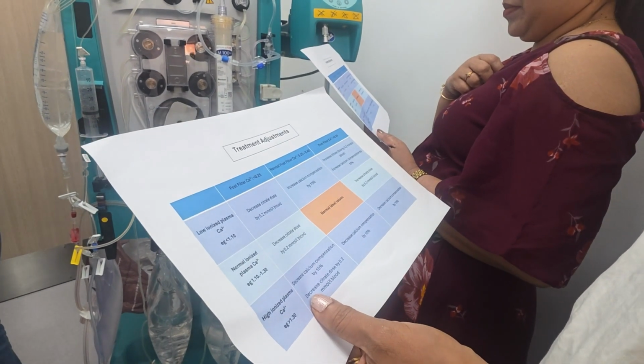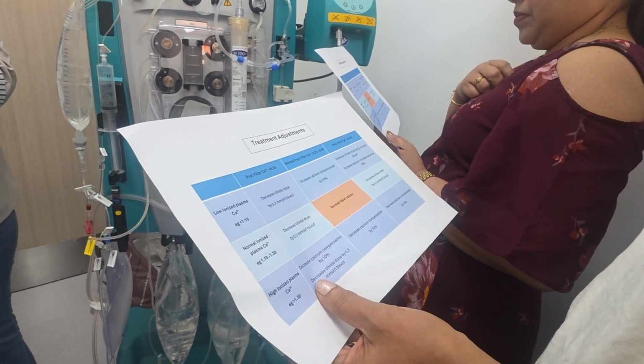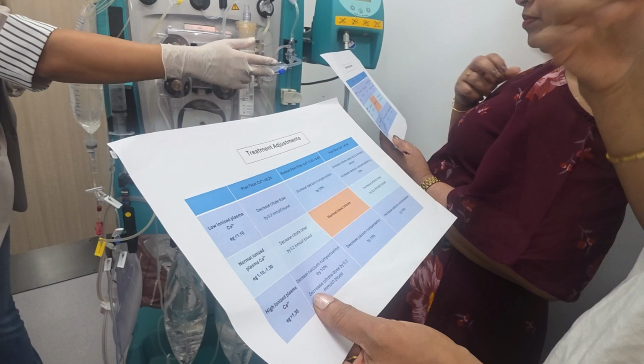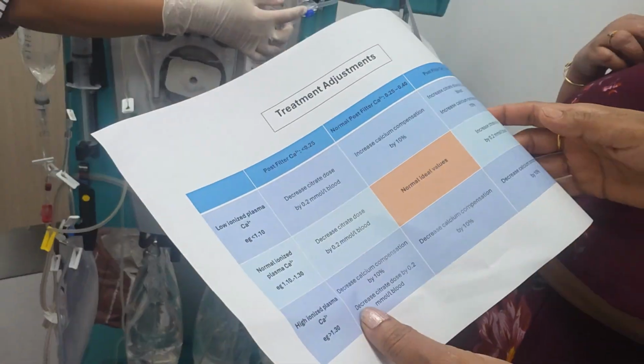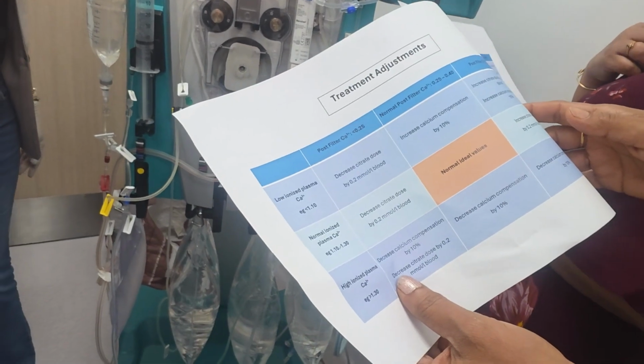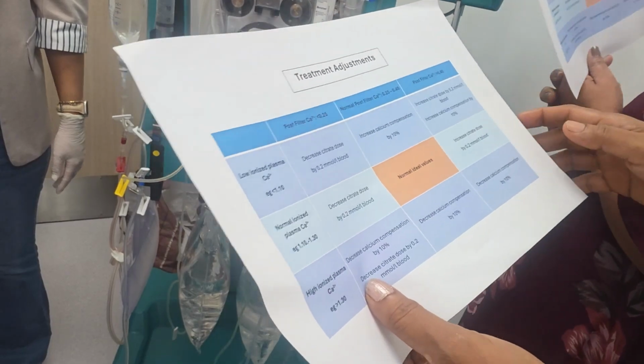Now the second hour, you will again repeat the ABGs, patient and post filter. Remember, what's the size of the needle that you are using here?